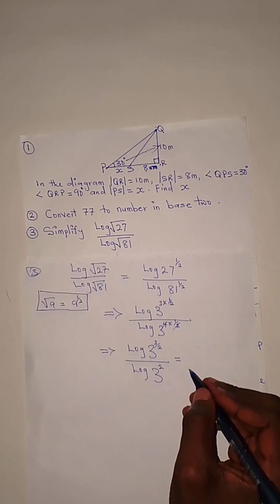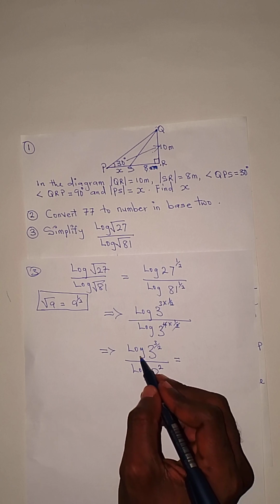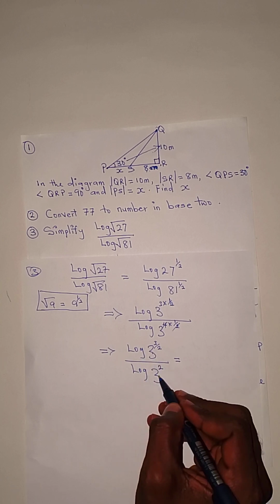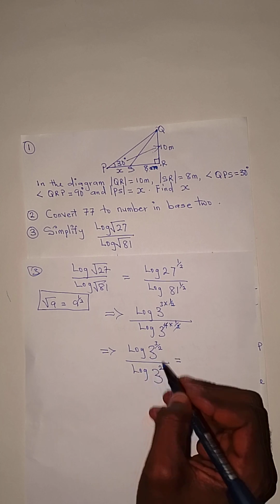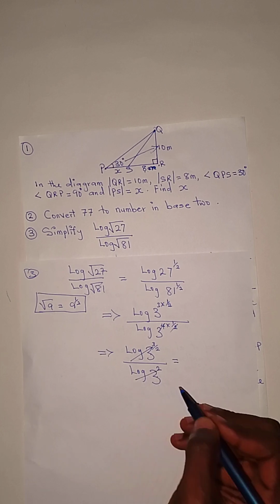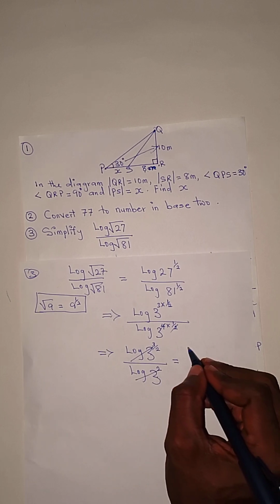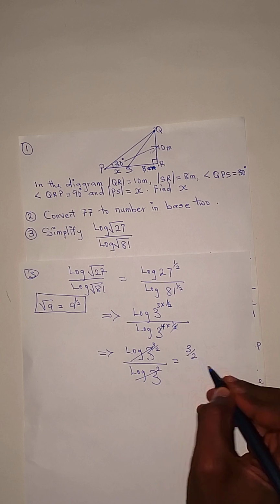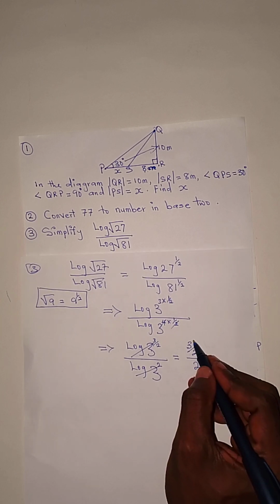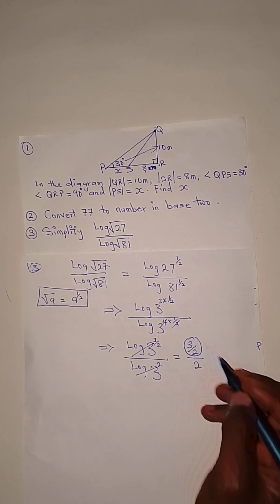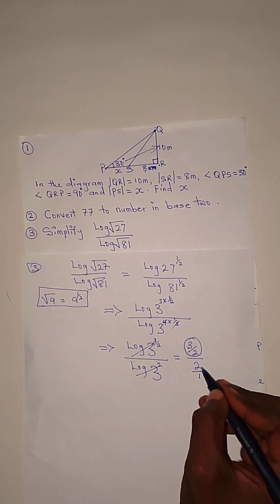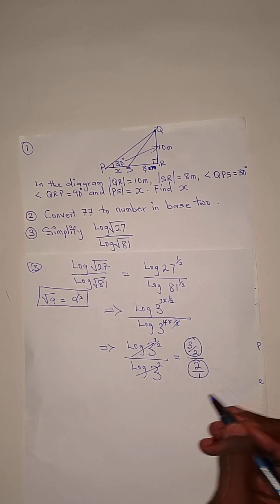So that will be equal to, now if you look at this numerator and denominator, they are now log 3 and log 3. So we can cancel the base and solve for the power. So let's say log 3 cancels log 3. So here we are going to have 3 all over 2 divided by 2. So this 3 all over 2 is a fraction, but this 2 is a whole number. So we can make this whole number all over 1 so that it also becomes a fraction.